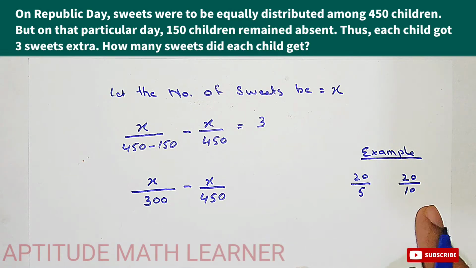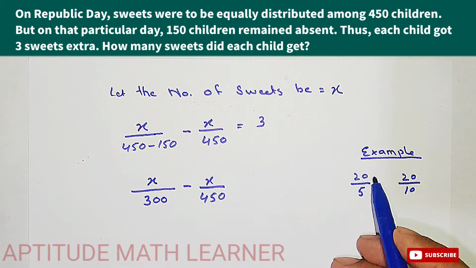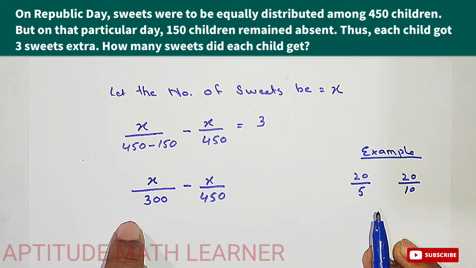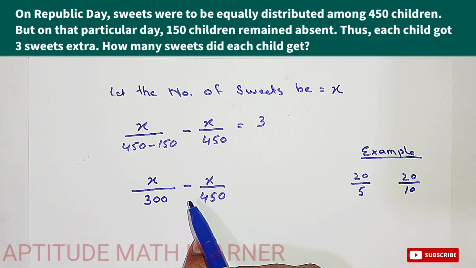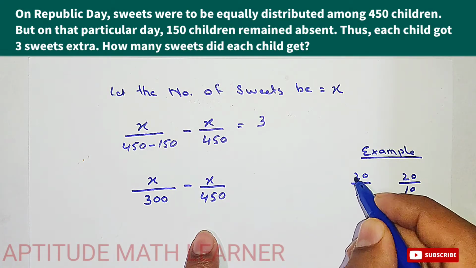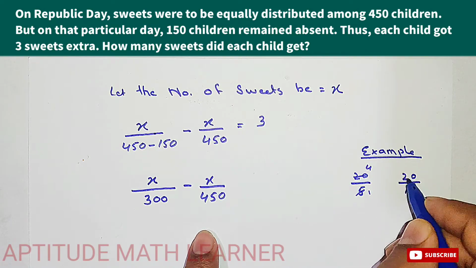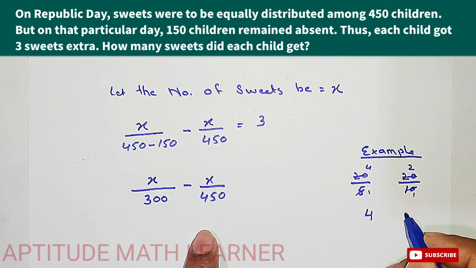Which is greater? If you calculate, we come to know this is the greater number. That's why we keep the greater number on this side, and subtract the smaller number. Dividing, we get 4 and 2, so 4 is the greater number.